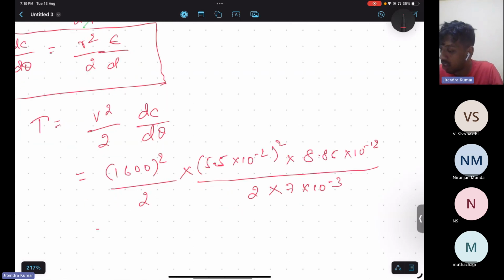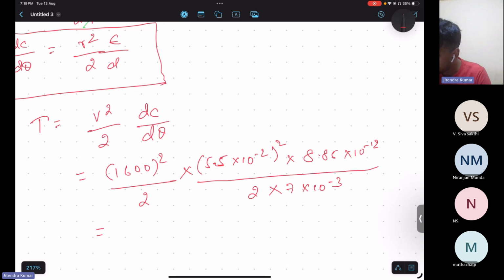So you'll have to calculate this now, and torque is being asked in terms of micronewton meters, so you'll have to consider -6 here. So how much will it come out?